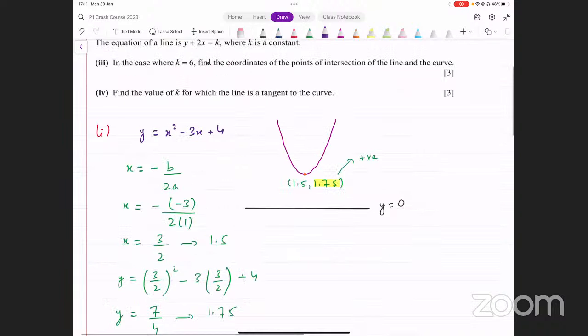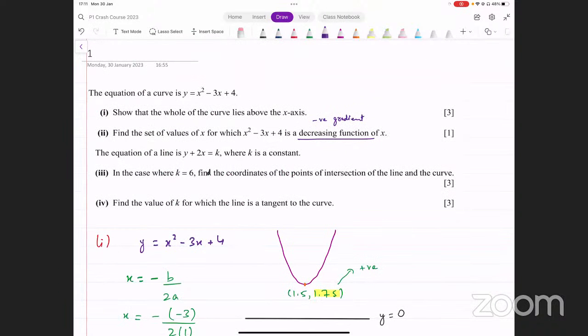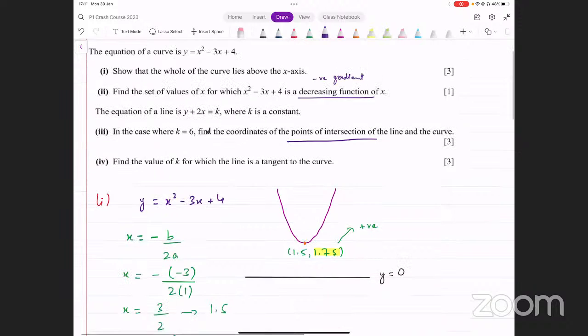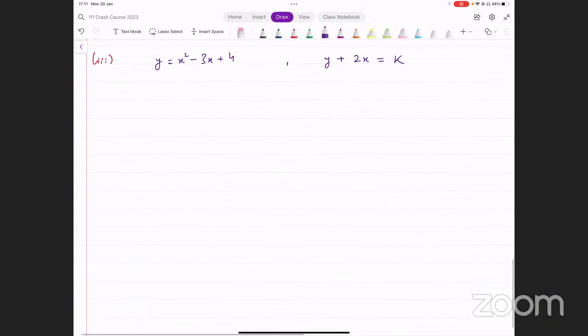Now, what we're looking for is the coordinates of the points of intersection of the line and the curve. Now, how do you find points of intersection? We talked about this in our last class as well. In order to find points of intersection of two graphs, we basically solve them simultaneously.